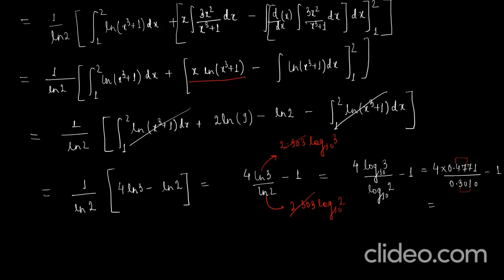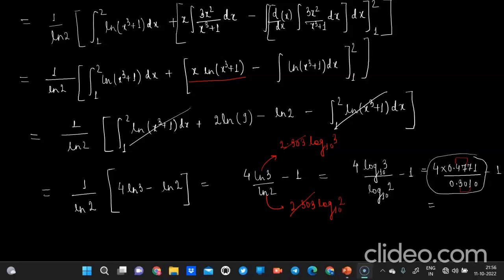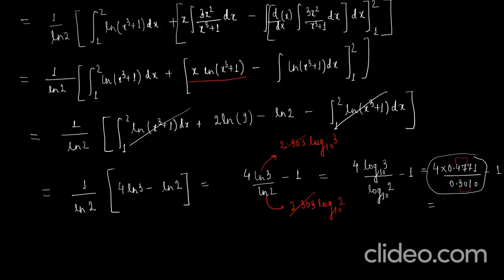So this whole part will be coming as 6 point something minus 1, which will come 5 point something. I'm not calculating in detail since I have left one concept.